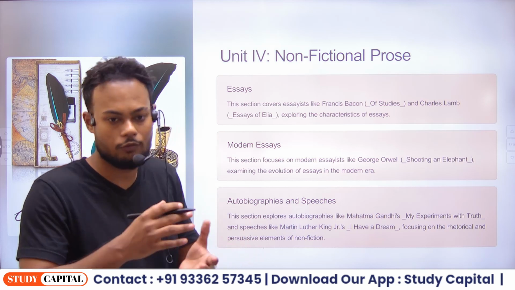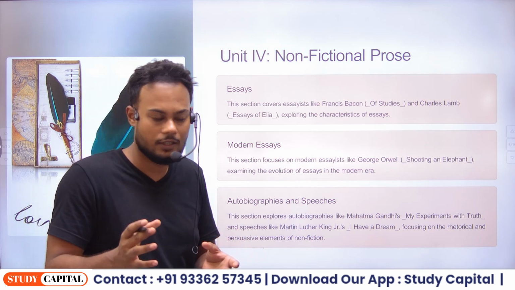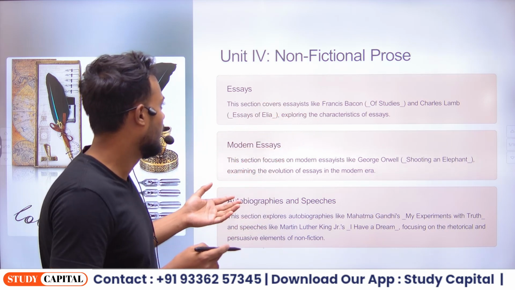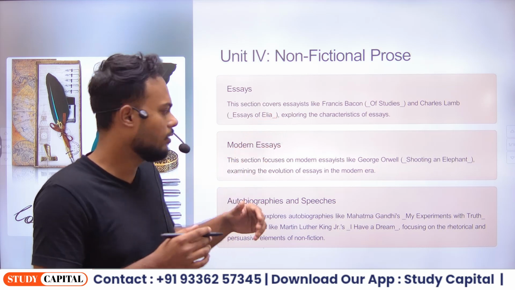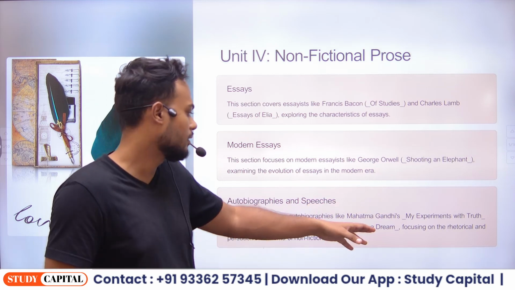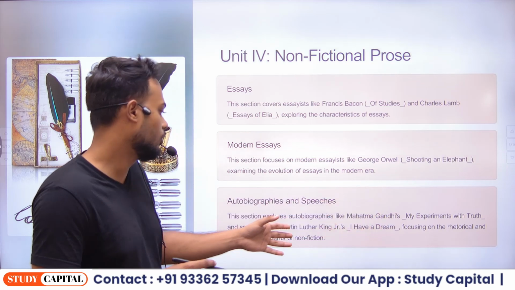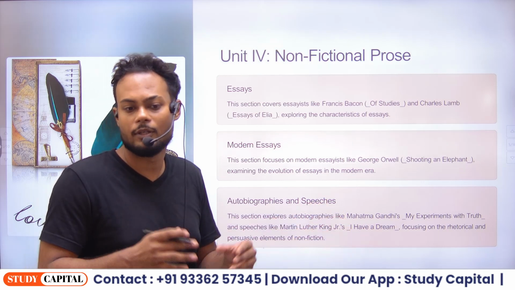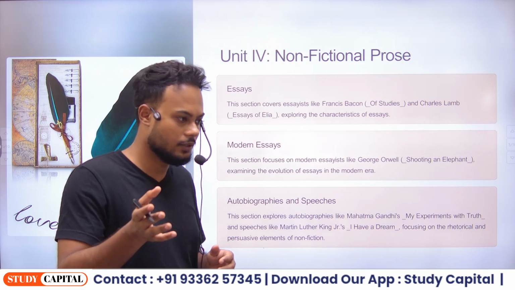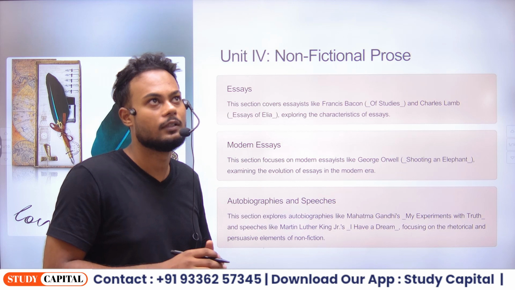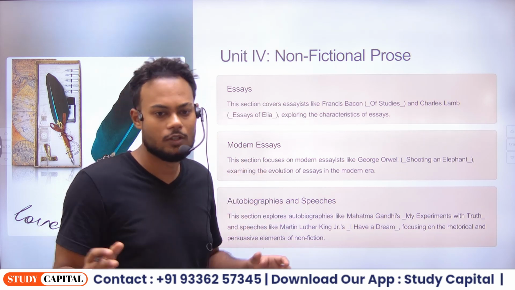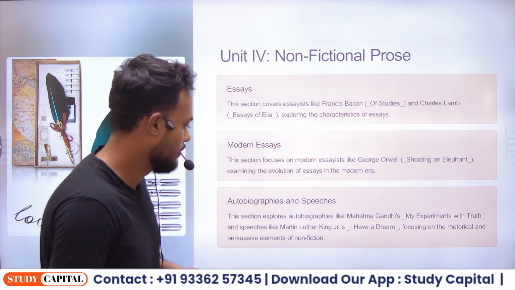So we'll talk of the canonical writers and texts, like Francis Bacon's Of Studies, Charles Lamb's Essays of Elia, and these are not necessarily non-fictional, but we'll also go into, let's say, Shooting an Elephant, or more in the non-fictional realm, My Experiments with Truth, Martin Luther King's I Have a Dream, and famous speeches. Or you can go into Swati Chaturvedi or Alchemy of Truth, these sorts of essays, and Braj Kachru. So these writers and their essays.